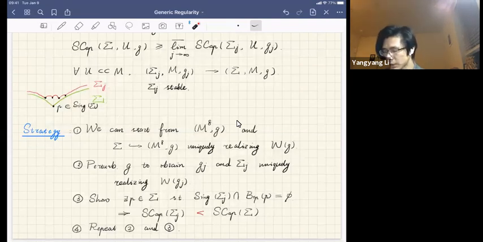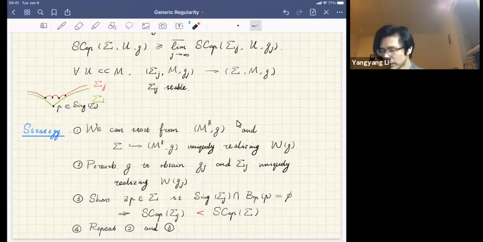The first step is to show that there exists a P inside sigma, such that the singular set of sigma_j intersected with the neighborhood of this P is empty. This is the first ingredient. And using this proposition, we can show that the singular capacity of sigma_j is strictly less than the singular capacity of sigma due to the reduction of one singular point near P.